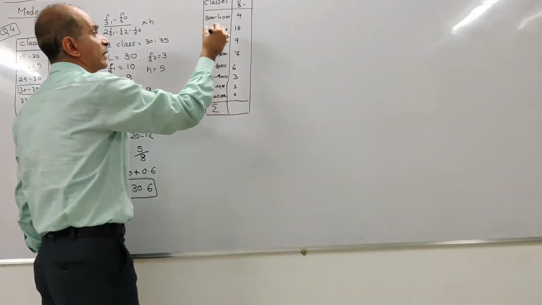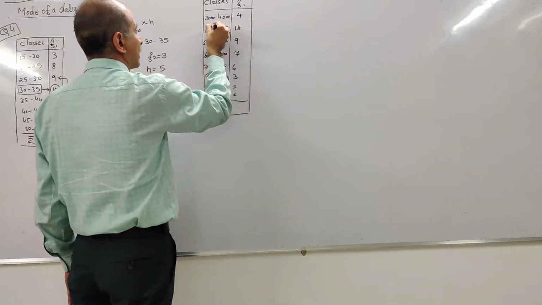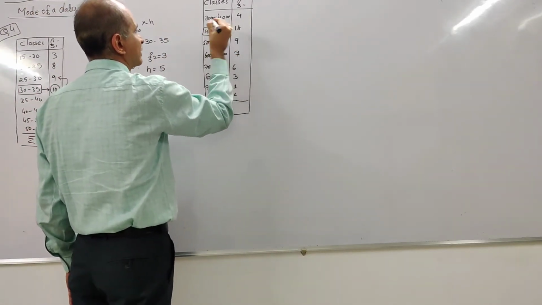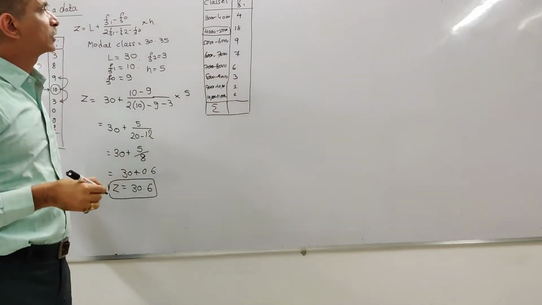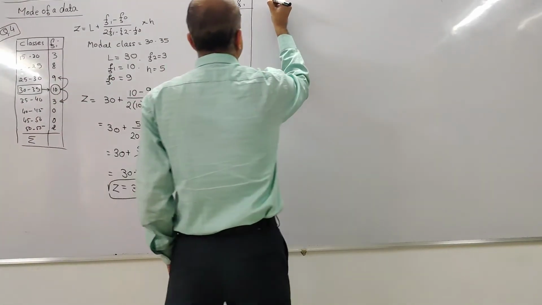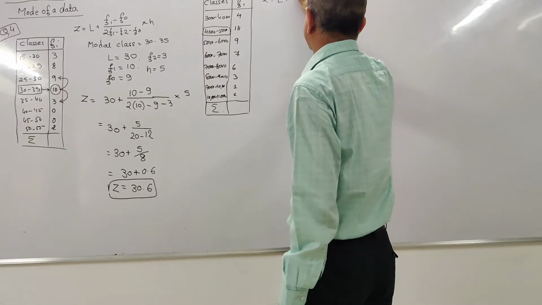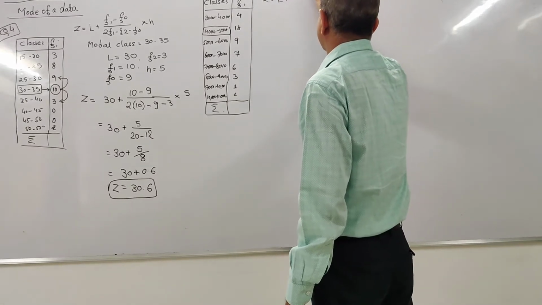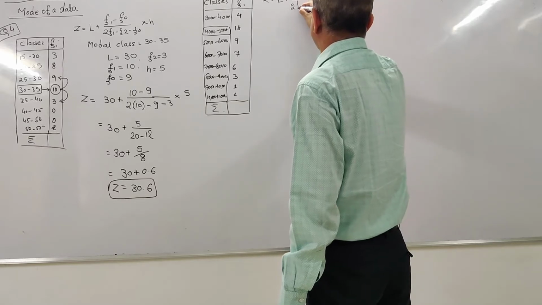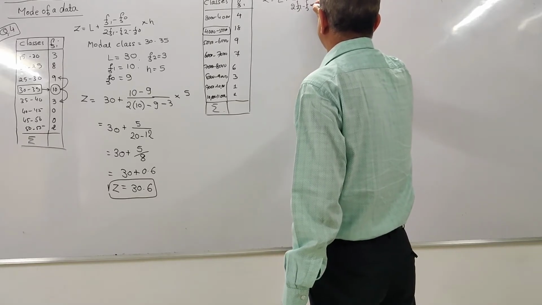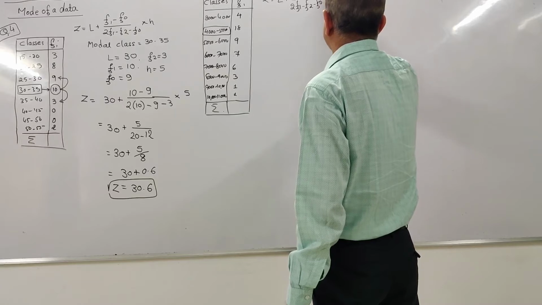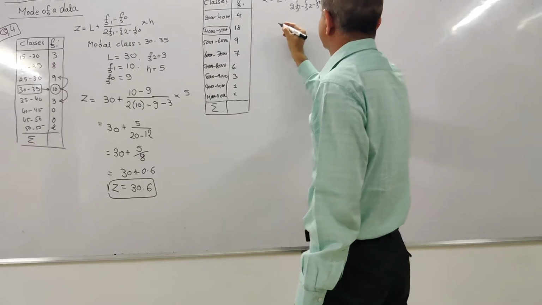You know the highest frequency is 18. So the class against the highest frequency is 4000 to 5000. First of all, let me write down the formula: Z is equal to L plus (F1 minus F0) upon (2F1 minus F2 minus F0) into H.